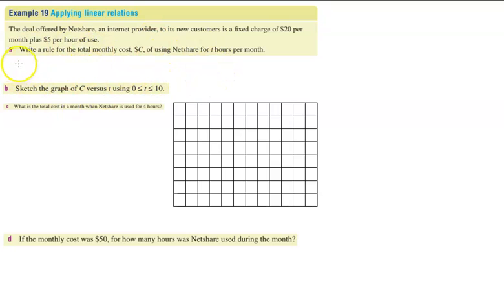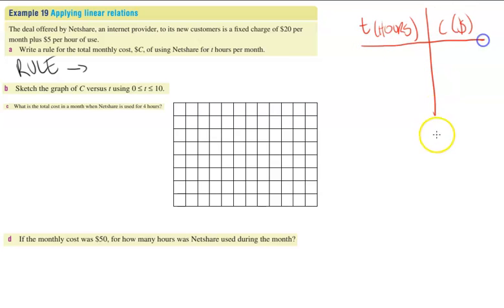Now, before we write what this specific rule is, it's good to get a grasp of and make sense of what's actually going on. Let's say, for instance, that you were to get this specific internet deal, and we have two things that vary: the time, which is in hours, and also the cost, which is in dollars.